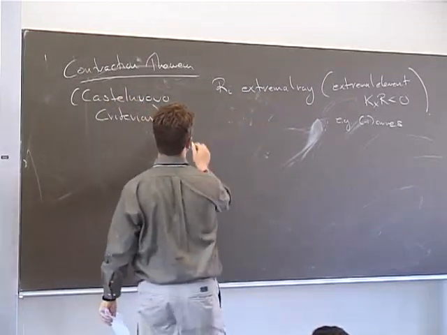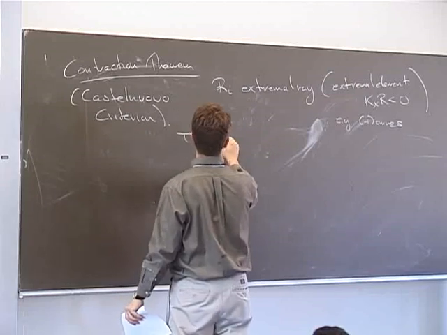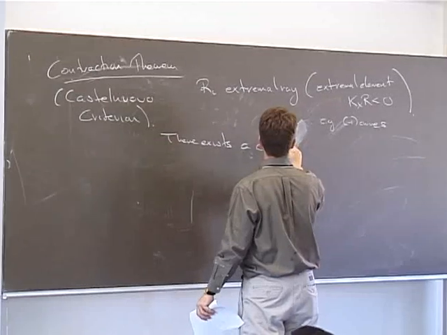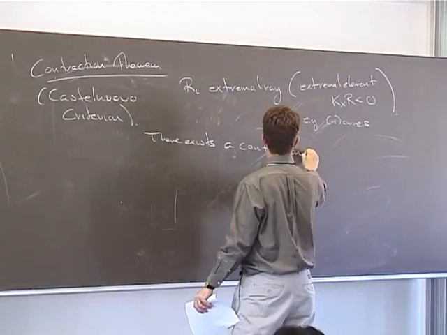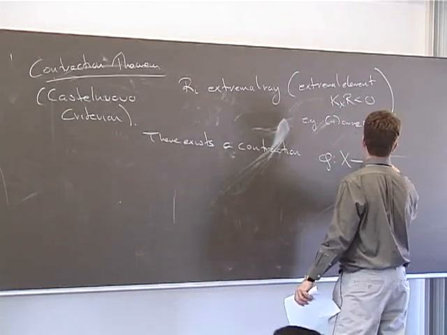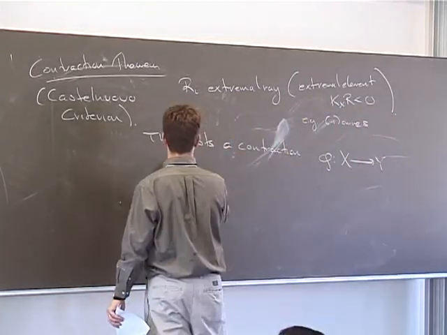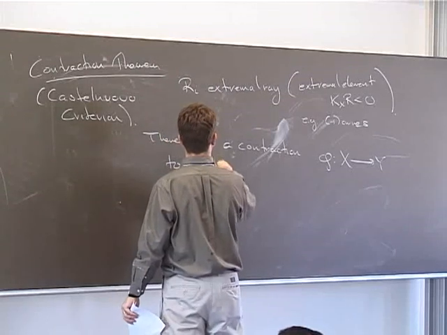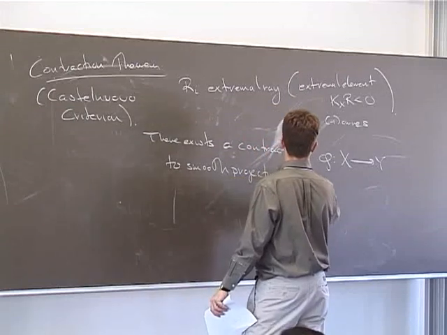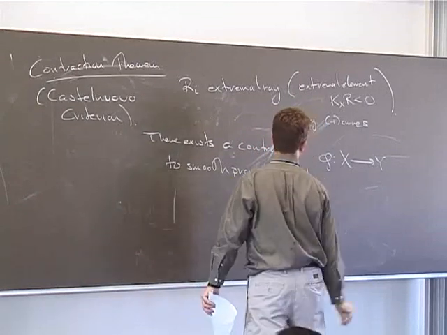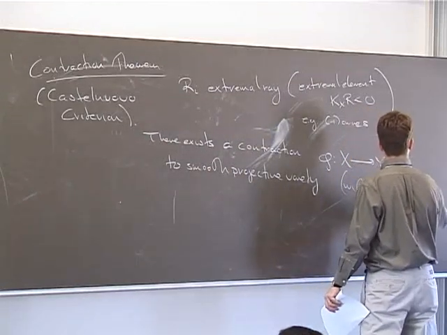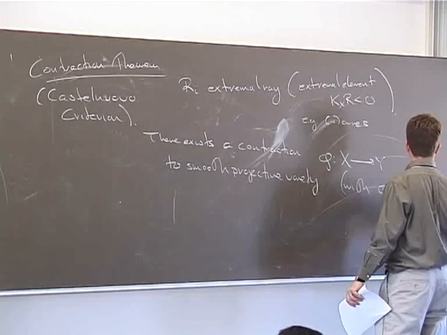So there exists a contraction morphism phi from X to Y, to a smooth projective variety, with phi(R) equal to a point.